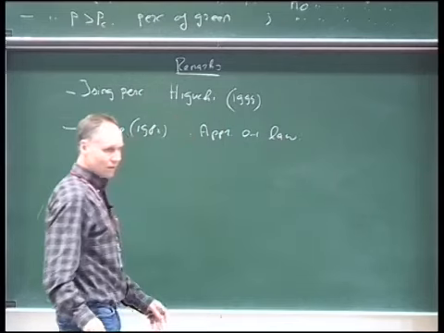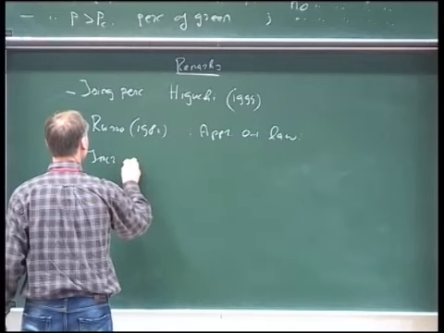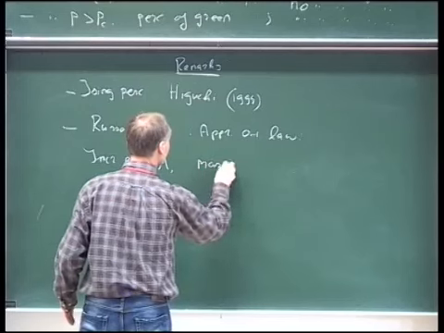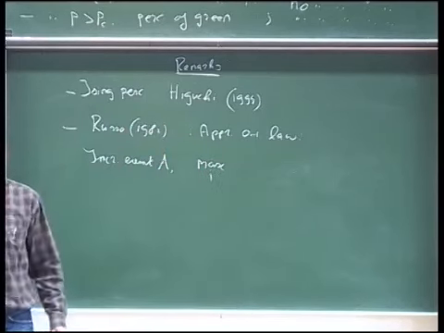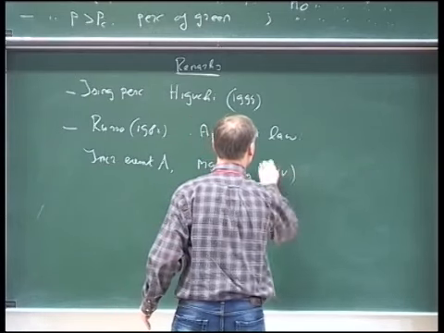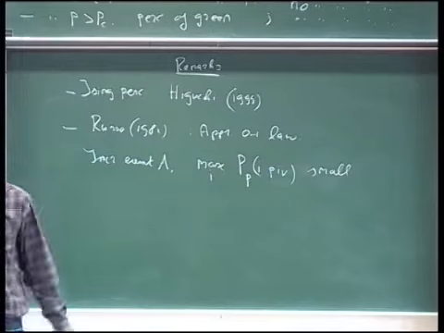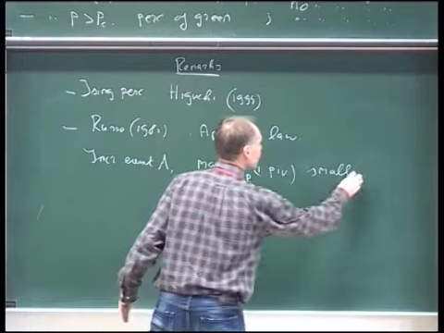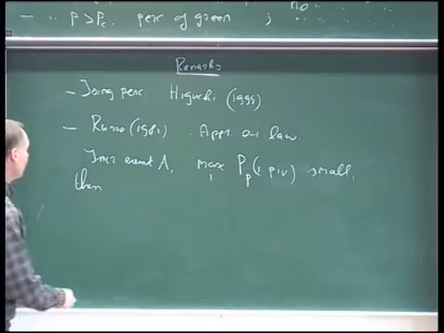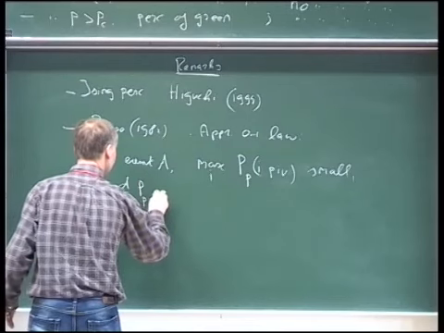Roughly speaking, if you have an increasing event A, and if the maximum over all vertices i of the probability that i is pivotal is small, then the derivative of the probability of A is large.